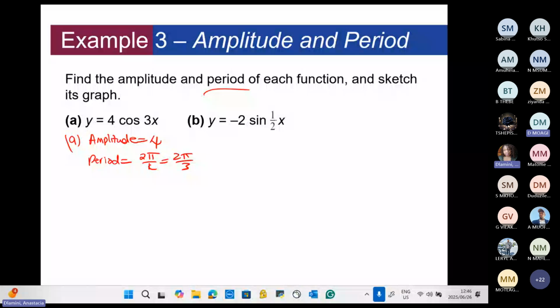Did I do it wrong, guys? No, you did it right. You're getting pi over 6, right? Yes, ma'am.